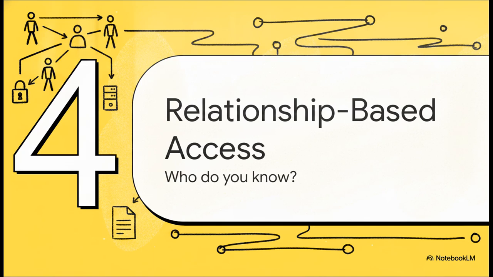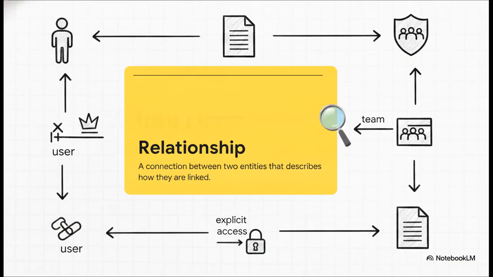Section 4. ReBAC, Relationship-Based Access. But what if access shouldn't depend on generic job titles, and it shouldn't even depend on dynamic attributes? What if it should depend on how people and resources are explicitly connected to one another in the real world? Enter ReBAC. In this model, access relies entirely on a vast web of connections. The system maps out a literal graph of entities.